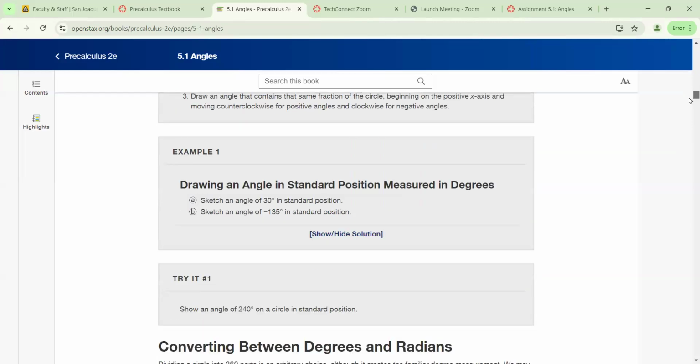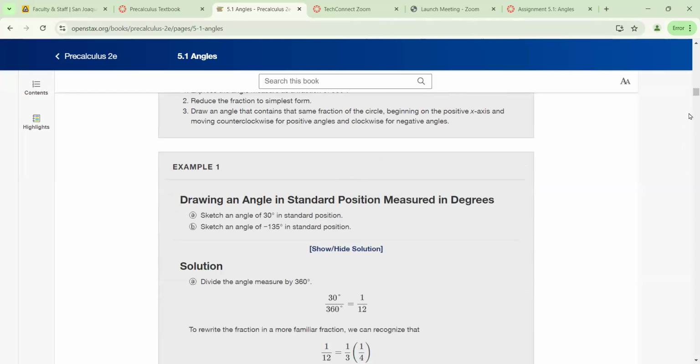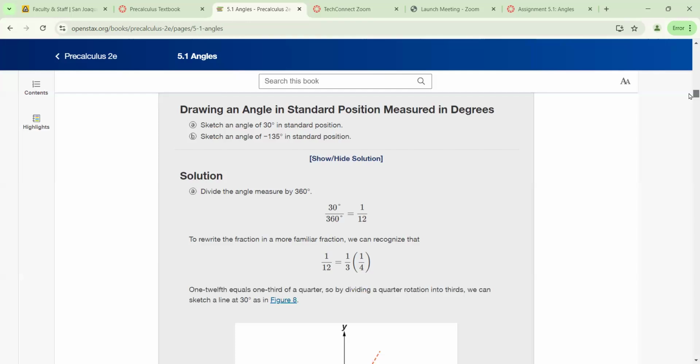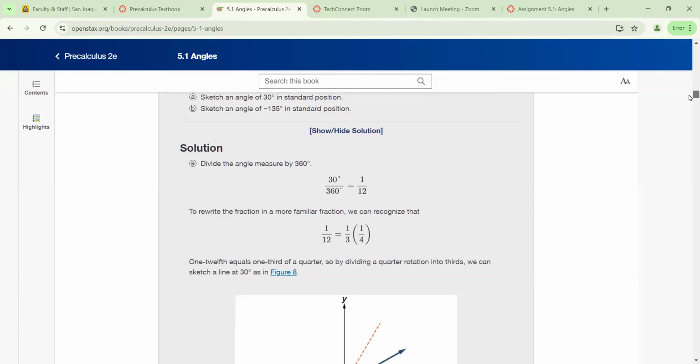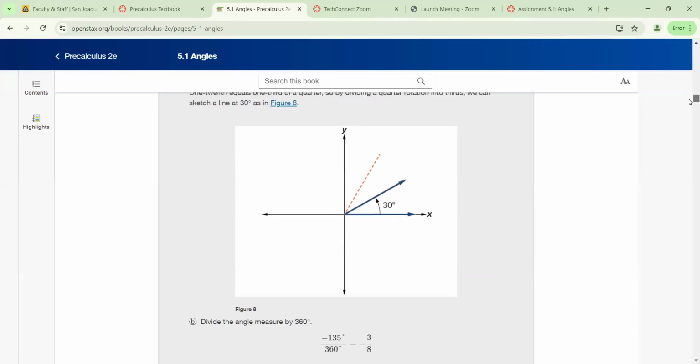Drawing an angle in standard position, here they're sketching 30 degrees and negative 135. They're saying 30 degrees divided by 360 is 1/12. If you cut a pizza in 12 slices, it's one of them. Then they're cutting that and indicating the 30-degree angle.